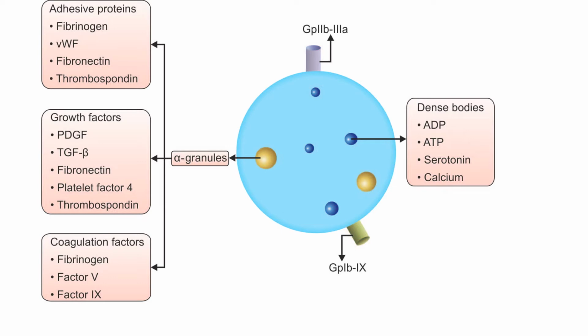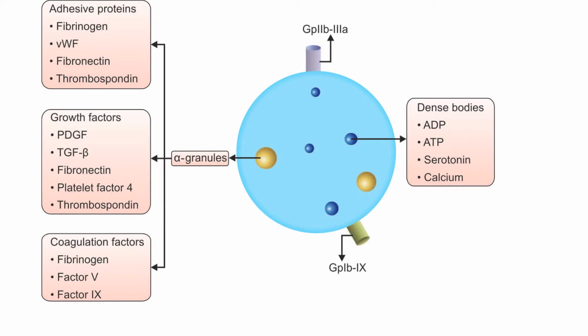So those are the receptors on the surface, GP2B3A and GP1B-IX. And then the two types of granules are categorized into alpha granules and the dense bodies. The dense bodies contain the following: ADP, ATP, serotonin, and calcium. For the alpha granules, there are three groups of substances.